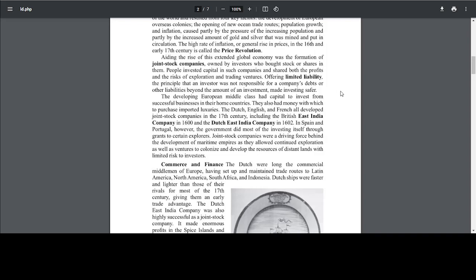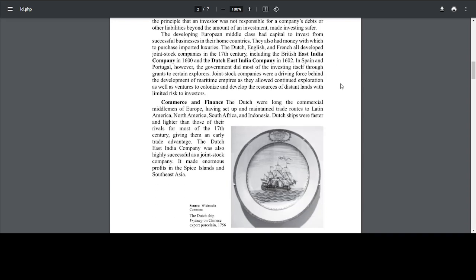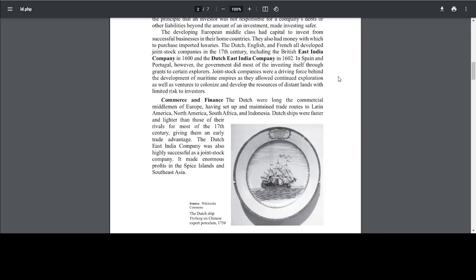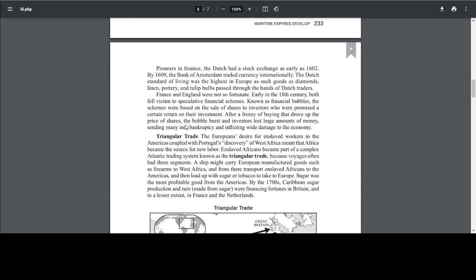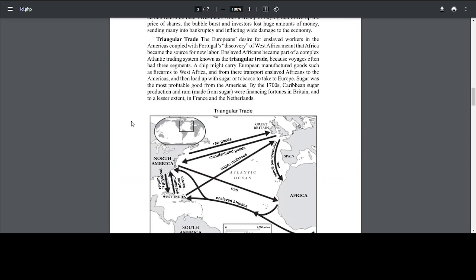A lot of people, including the infamous Columbus himself, had to get a company or some people to finance him somehow. Stock companies were also a way to get people to earn money, and to help lighten the load of bankruptcy. And as we can see here, triangle trade is definitely one of the most important parts of history in this chapter.